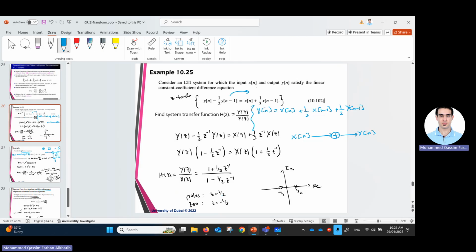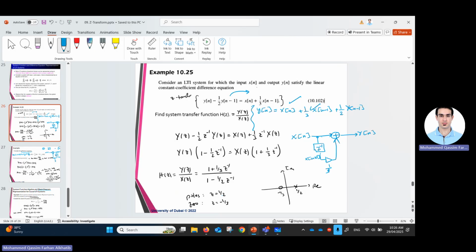Then I have 1 over 3 x of n minus 1. So I'll make a delay. So in this case, I will have x of n minus 1. Scale it by how much? 1 over 3. That's the first part. So I'm done with x of n. I'm done with 1 over 3 x of n minus 1.